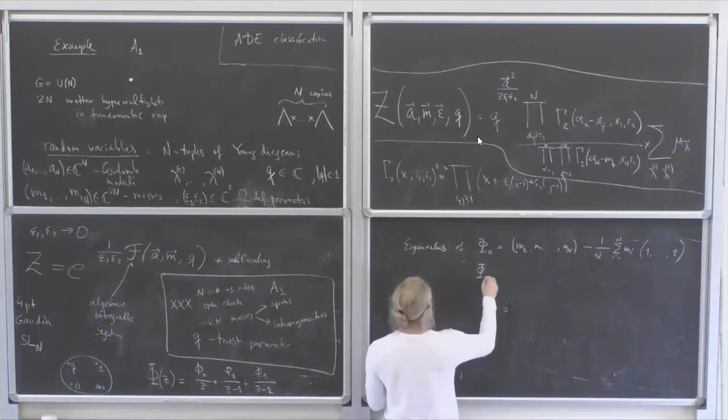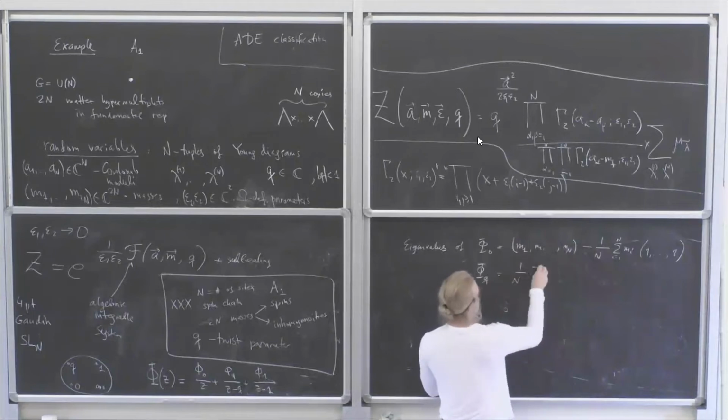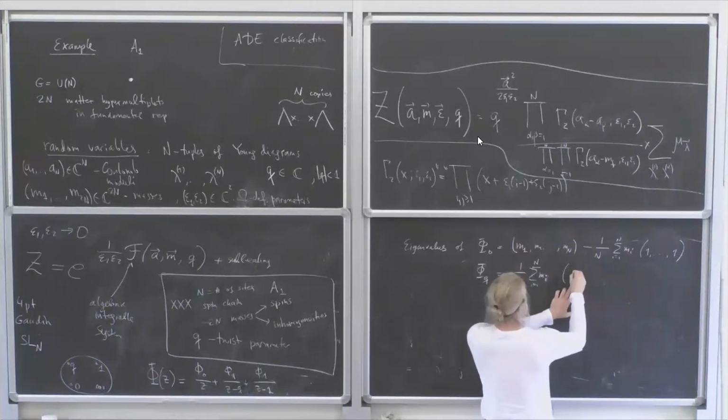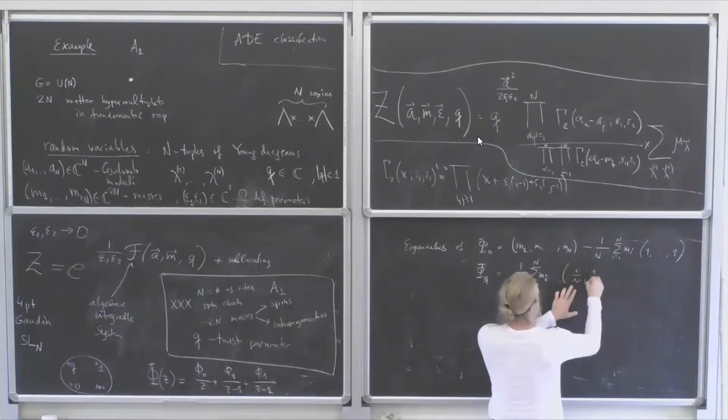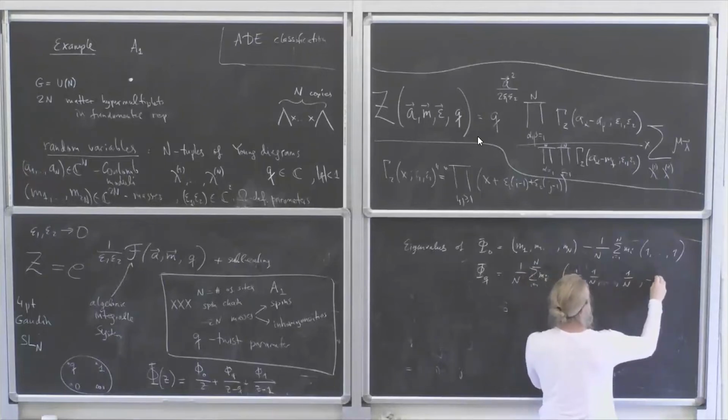Eigenvalues of phi q are given by 1 over n times the matrix 1 over n, 1 over n, 1 over n minus n minus 1, 1 over n.